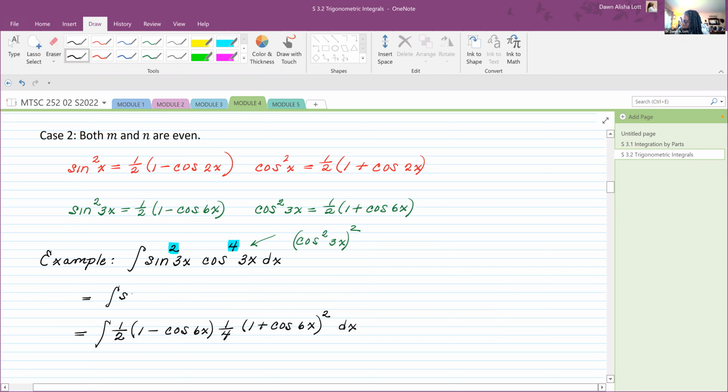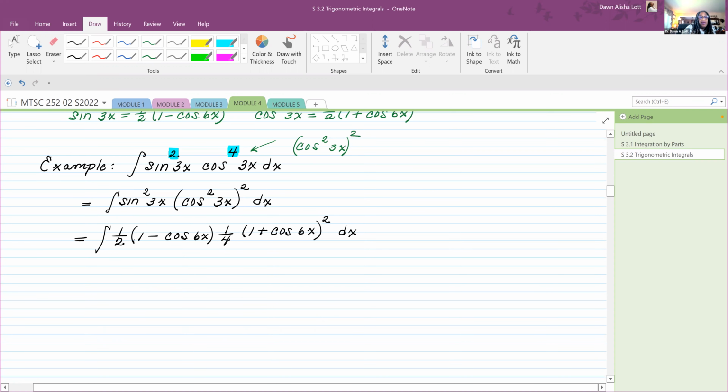So we have the integral of the sine squared of 3x and the cosine squared of 3x squared dx, because it's to the 4th power. So I put in the sine squared of 3x as 1/2 times 1 minus the cosine of 6x, and the cosine squared of 3x, the 1/2 got squared, gave me 1/4, and I get 1 plus the cosine of 6x squared dx.